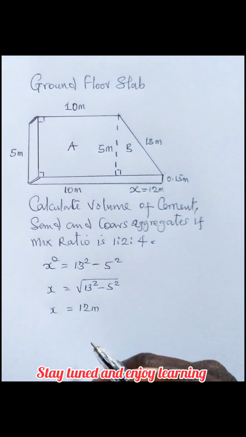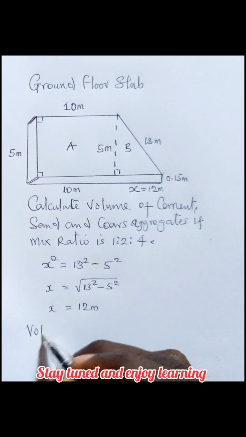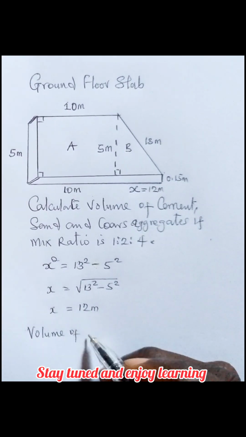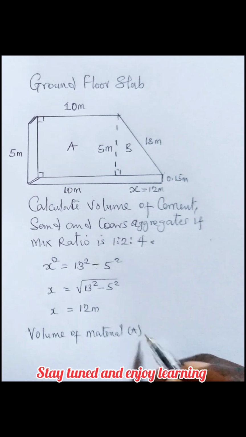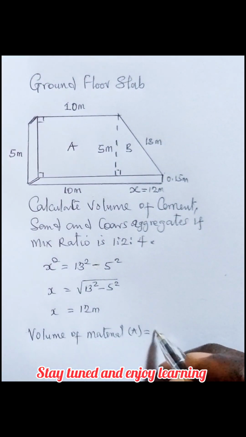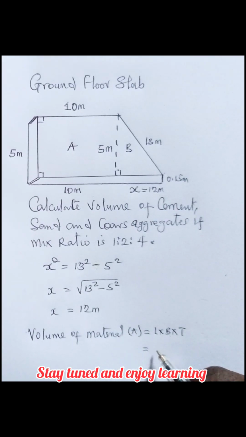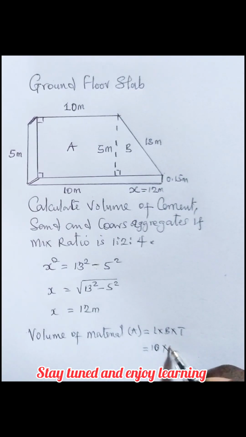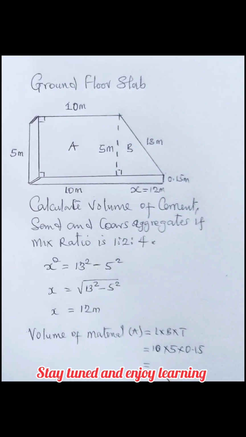B. So for us to find the volume of material here, volume of material for A is equal to length times breadth times thickness, which is equal to 10 times 5 times 0.15.